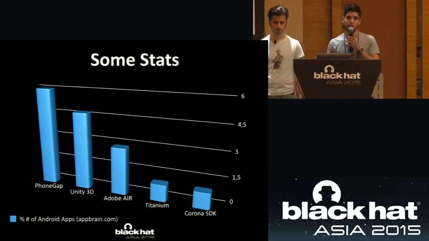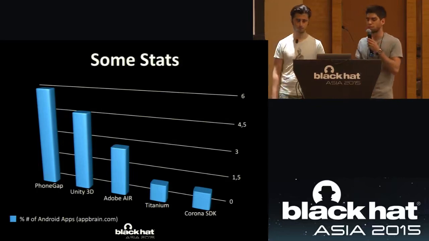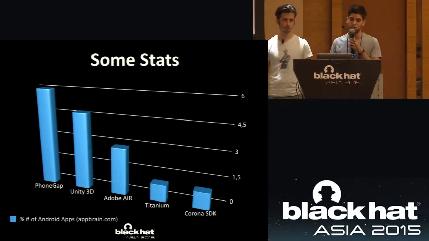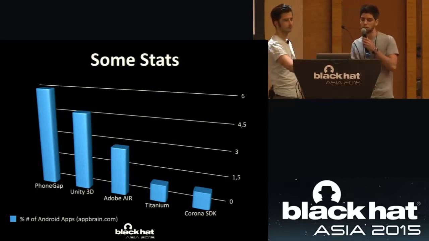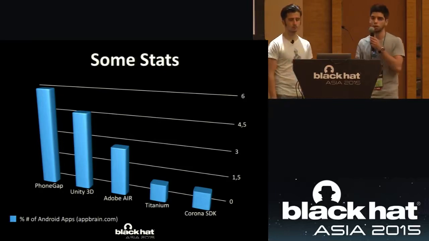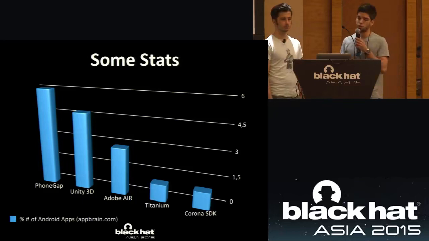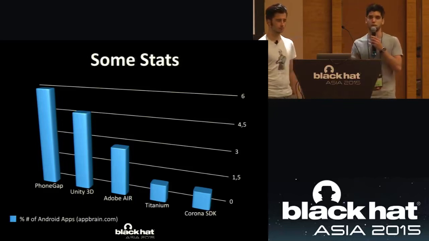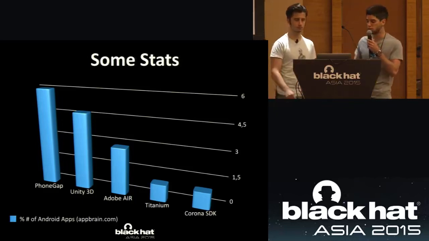And Titanium Framework is quite interesting. For PhoneGap, Adobe Air and Titanium Framework, we are going to show today some vulnerabilities that we found in them. And we will also show how to retrieve the source code of the original application.